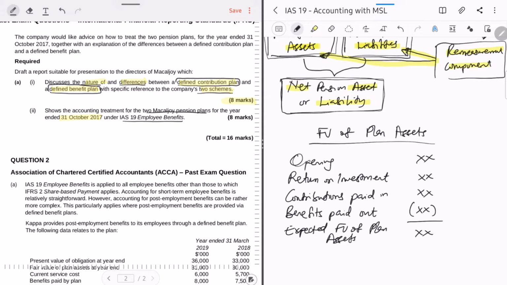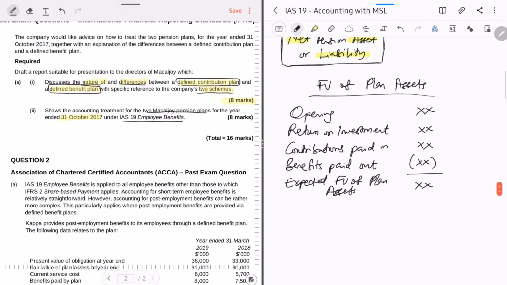So it will give you a certain figure. But there's someone called an actuary whose job it is to value pension funds, and to tell you that, well, based on his actuarial and statistical modeling, he feels that the value should be a certain amount. So you compare it to the closing per the actuary.